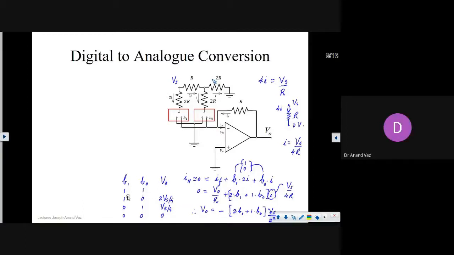And corresponding to this switch combination, when this is 1 and this is 1, you get 2 plus 1, that is 3. So here you get 3 Vs divided by 4. And of course, you have the minus sign here all through.